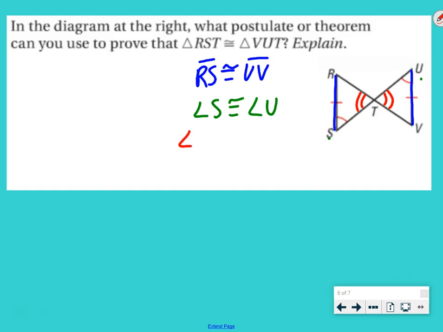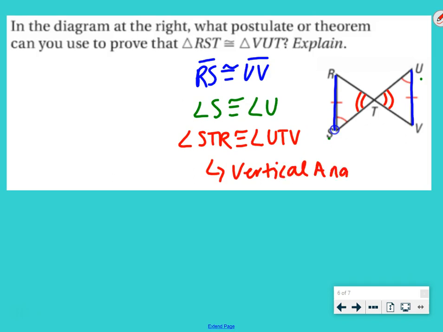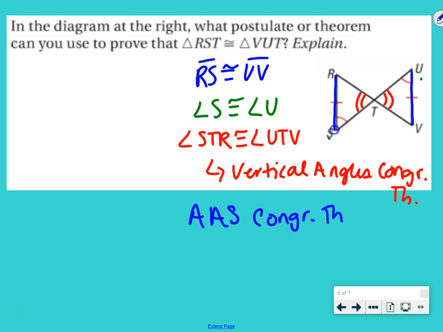So angle STR is congruent to angle UTV, and that is vertical angles. So if we have a side, angle, and angle, we have a side, angle, angle, which read upwards is angle, angle, side. That would be our angle, angle, side congruence theorem.